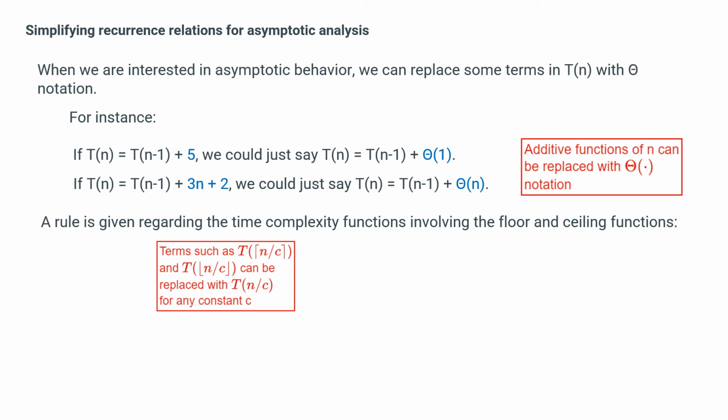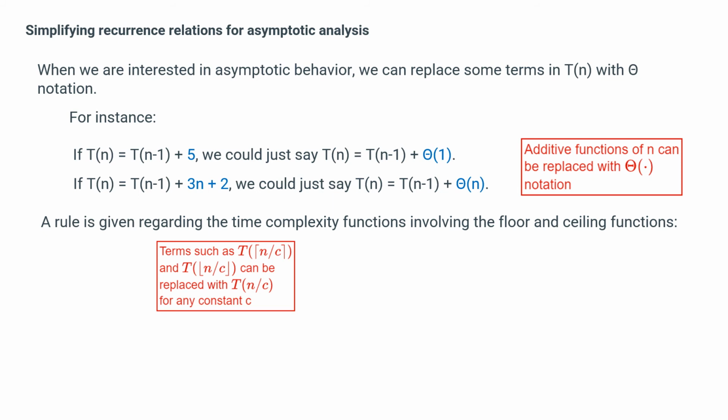What they're telling us here is that if we end up, and I'm not sure that we would ever in any examples that we do in this class, with terms like this within our recurrence relations for time complexity, with floor functions or ceiling functions, the book says that the value of T at some value given by a floor function or a ceiling function is the same thing as if we would just drop the floor or ceiling function and just look at the n over c.